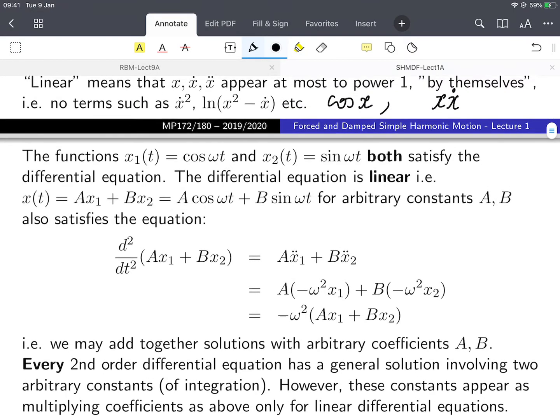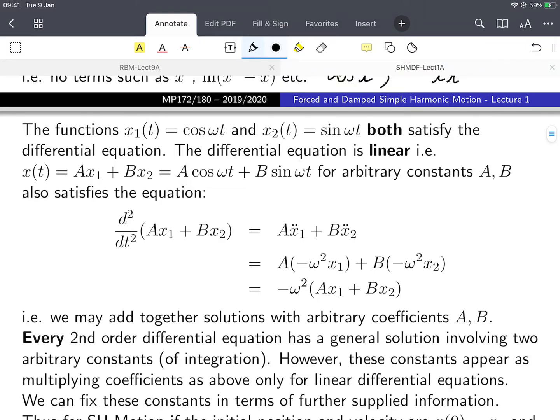Okay. In particular, the fact that it's linear tells you that a linear combination of the solutions is also a solution. Right? If I have two solutions, x1 and x2, and then I do what's called a linear combination, I know that cosine and sine were the solutions. A linear combination means you just multiply one solution by any arbitrary constant you want, and you multiply the other by any other arbitrary constant you want.